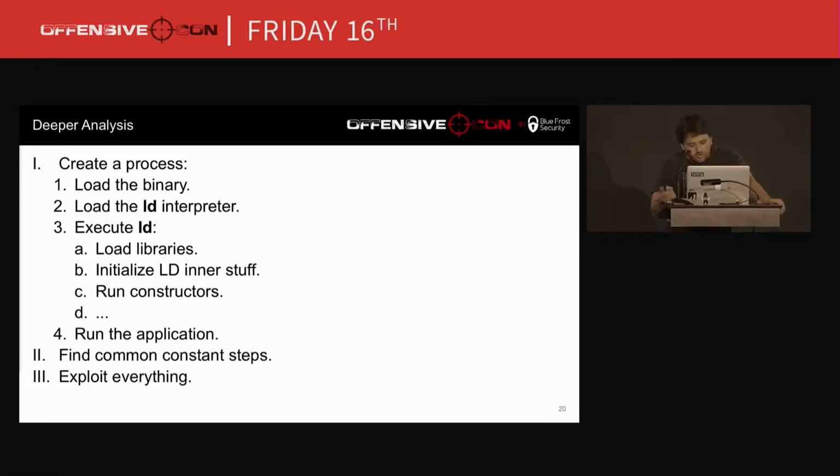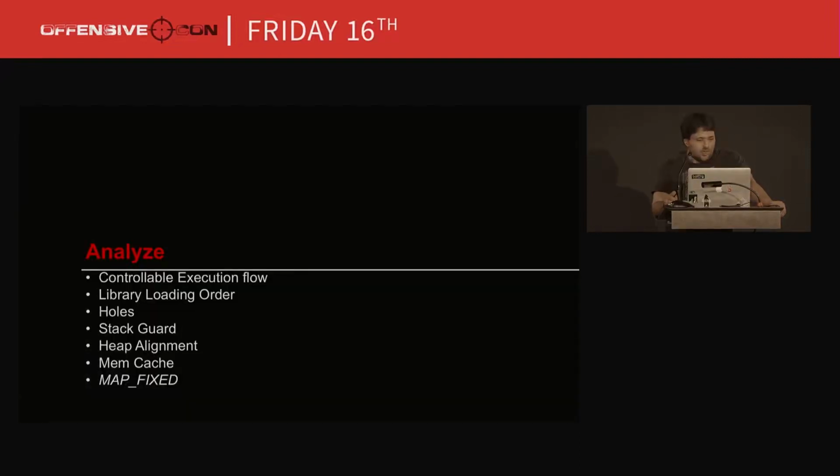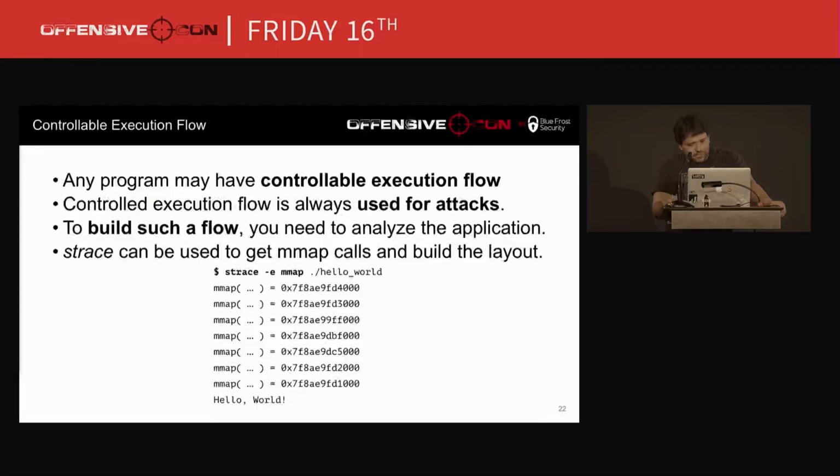So our plan would be to find some constant steps and try to use these constant steps to exploit everything. What I will use is the fact that any program has the property that you can control the execution flow somehow.